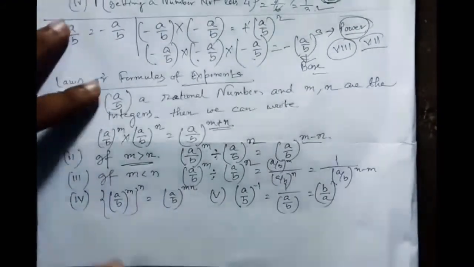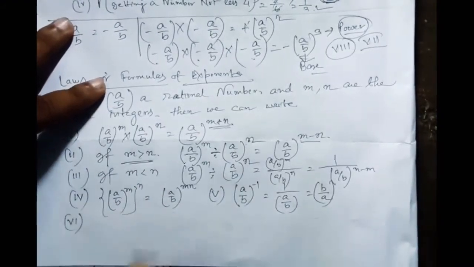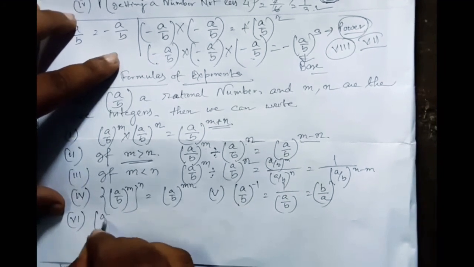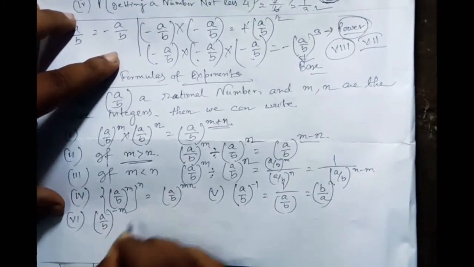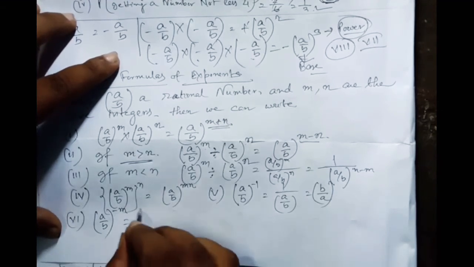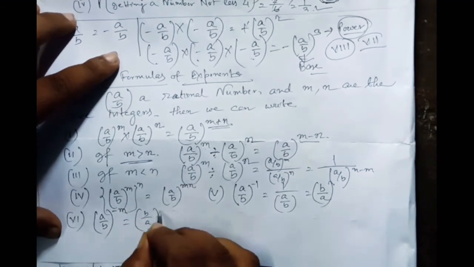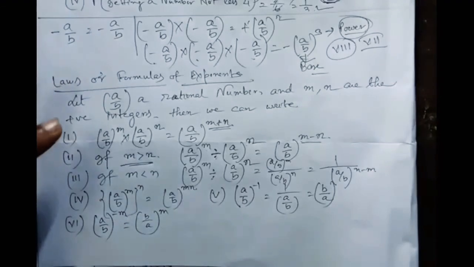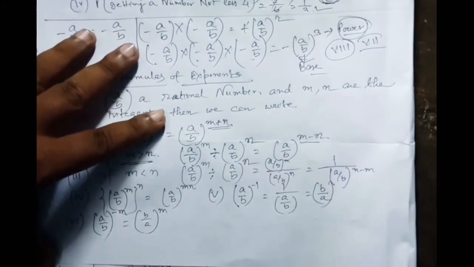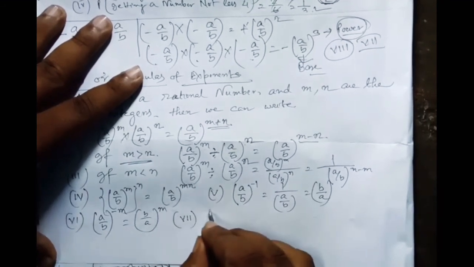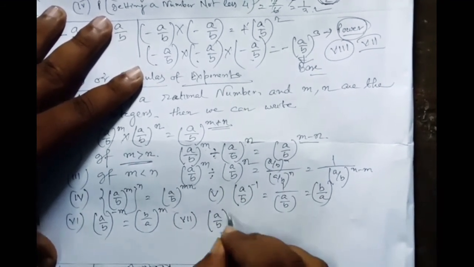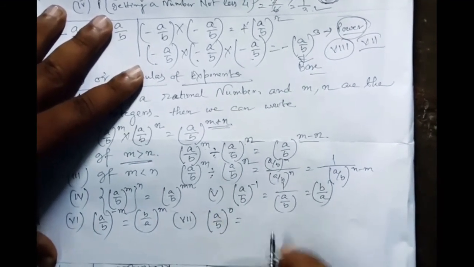Now, if we take a by b whole to the power minus m, that can be written as b by a whole to the power plus m. Next, seventh law: a by b whole to the power 0 should be 1.